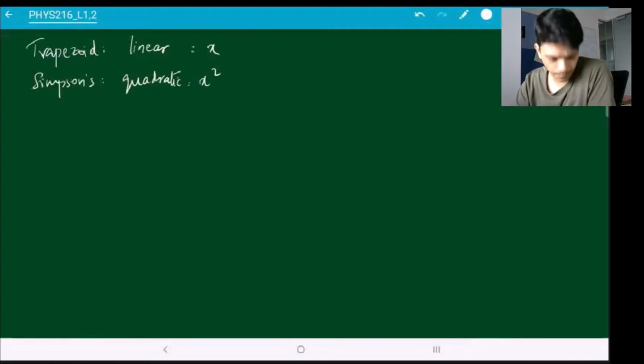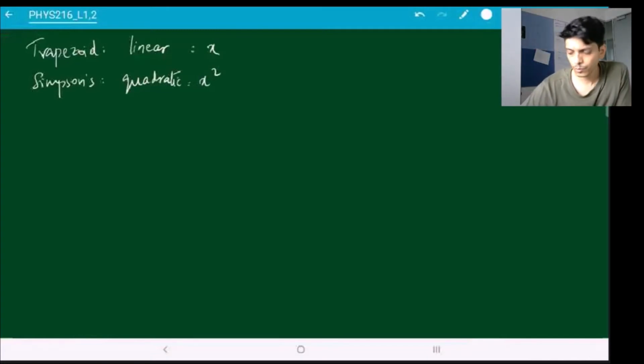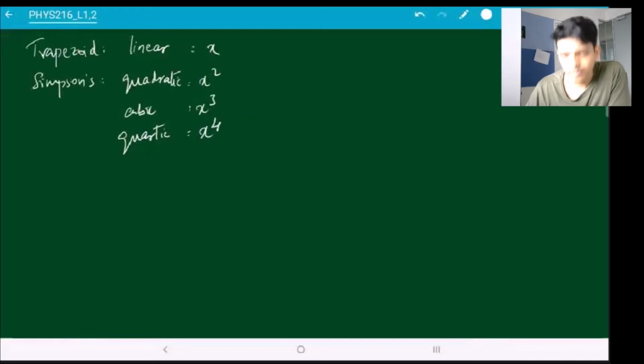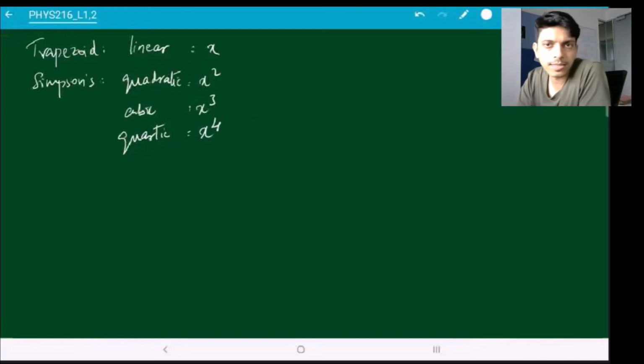But there's no reason to stop here, no? If you want, you can also take some quartic function. Let's start with cubic. You can take a cubic function which goes as x cubed. You can take a quartic function which goes as x to the 4 and so on. So there's nothing stopping you.